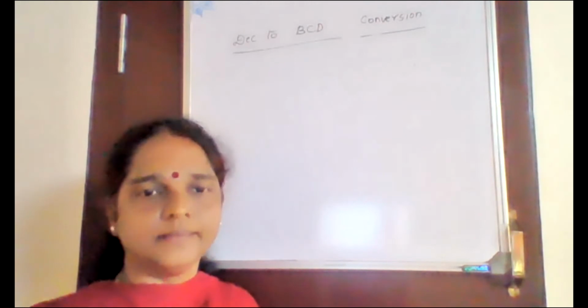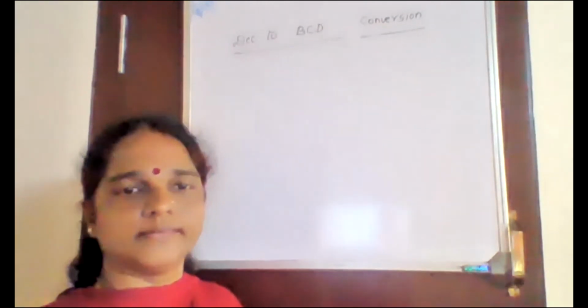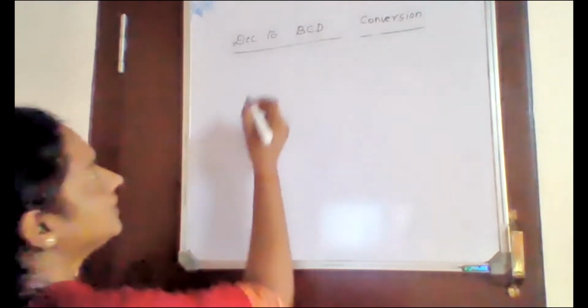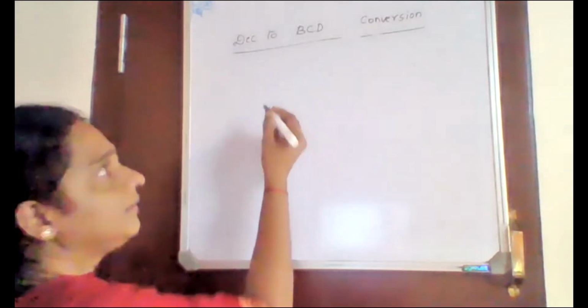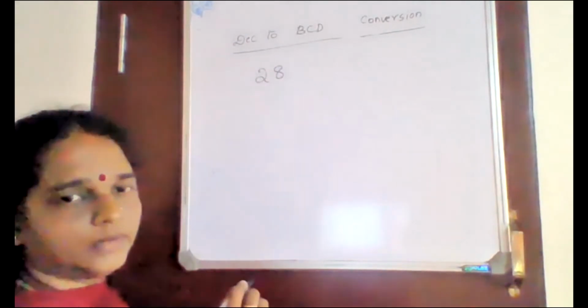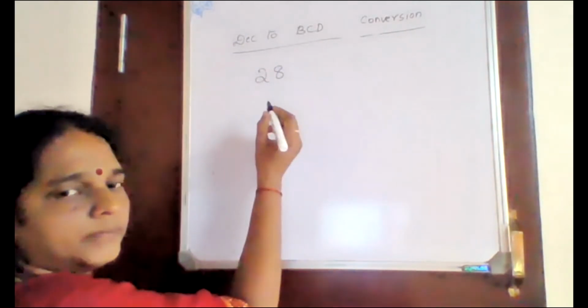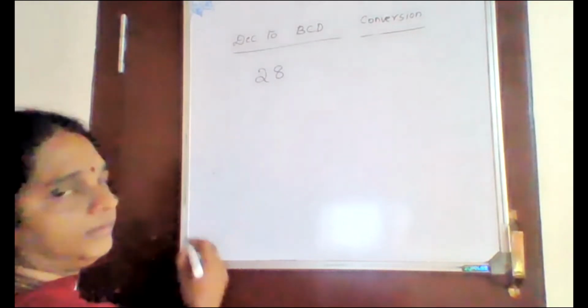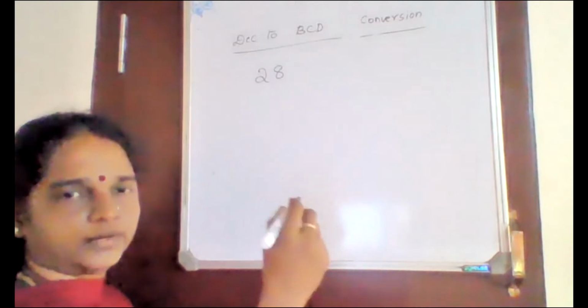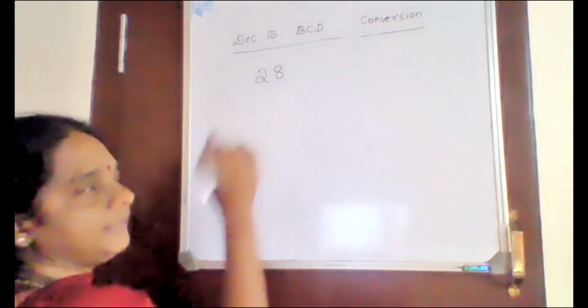Next is decimal to BCD conversion. Let us consider one decimal number, 28. For the respective decimal value, we have to write the respective BCD value.